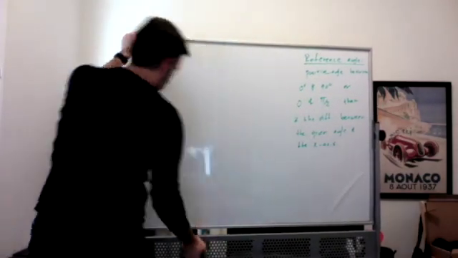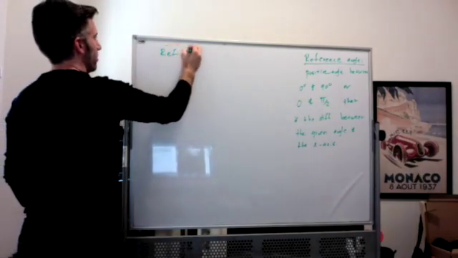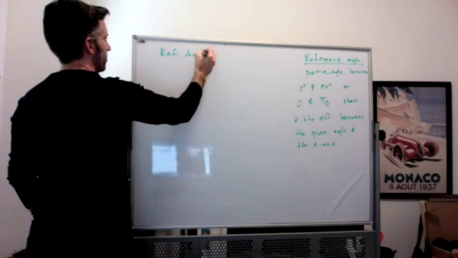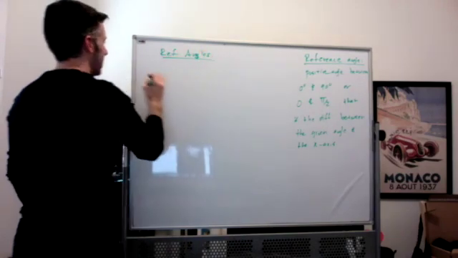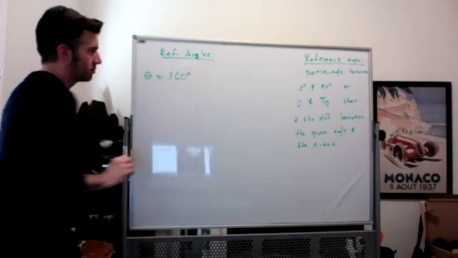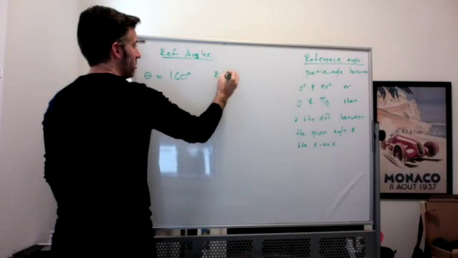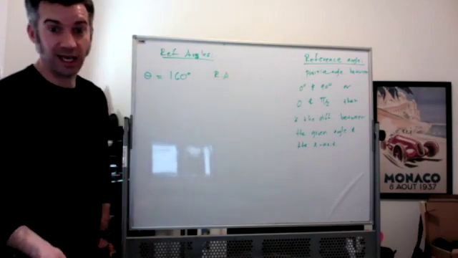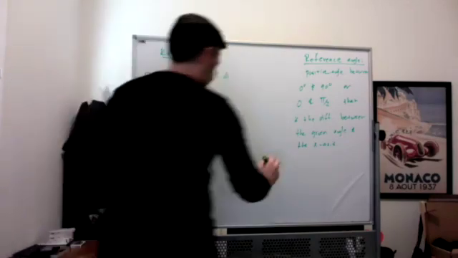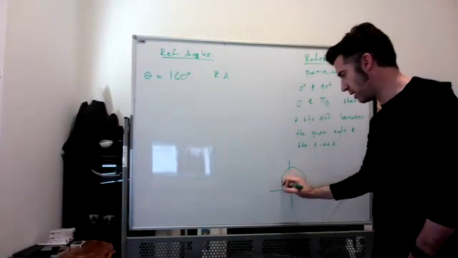So let's find the reference angles for the following 3 or 4 angles. So let's say our given angle was 160 degrees. What's the reference angle? Well, I'm trying to get to the x-axis. I guess I could draw a picture. 160 degrees ends about right there.